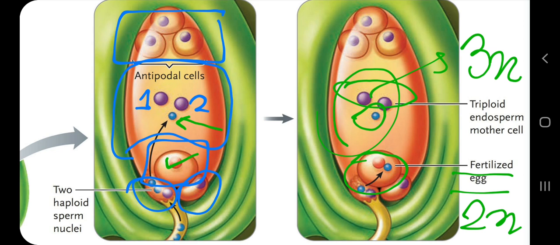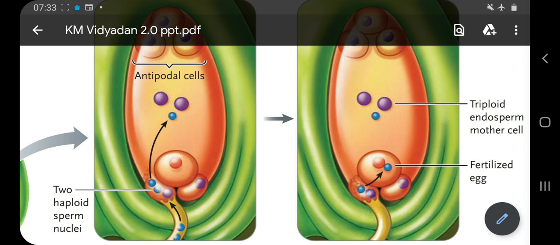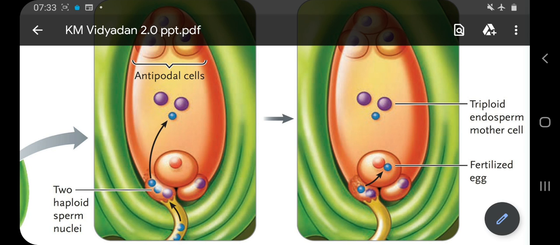endosperm, and this nucleus will be called the endosperm nucleus, and we will designate it as PEN, primary endosperm nucleus.